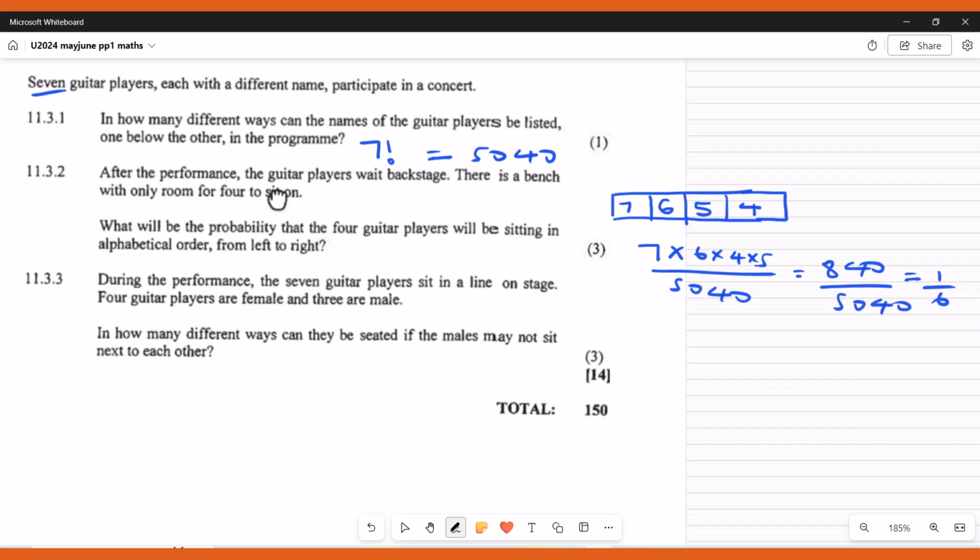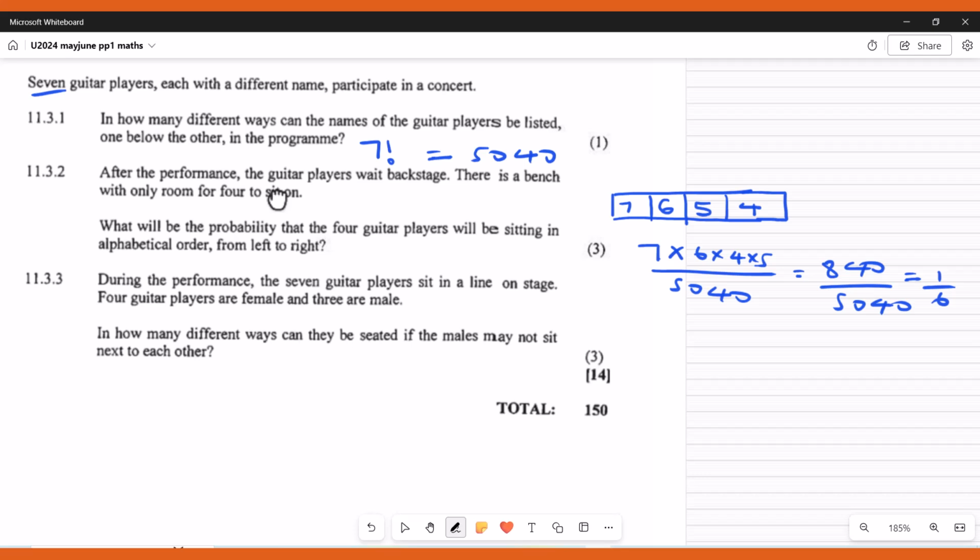Okay. Then lastly, they say here that during the performance, the 7 guitar players sit in a line on a stage. 4 guitar players are female and 3 are male. In how many different ways can they be seated if the males may not sit next to each other?